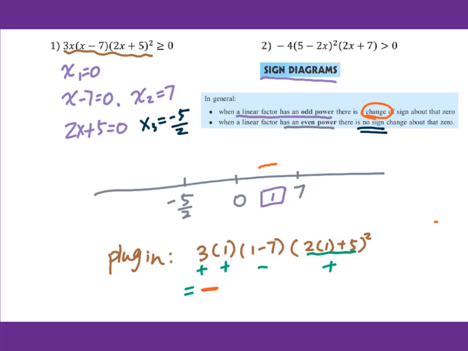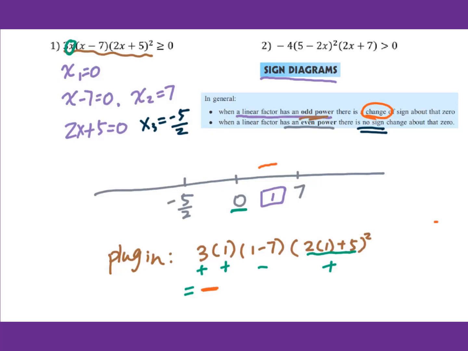Then check each root. From which factor do you get this root, and what's the exponent of that factor? For example, for this 0, we got 0 from this factor, x. x is to the first power. That means odd power.